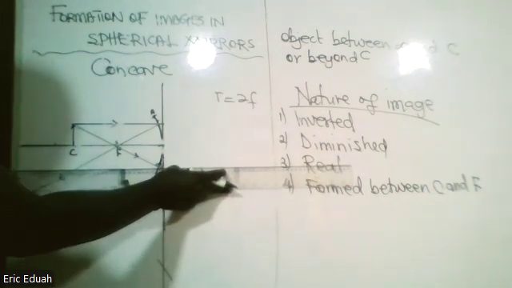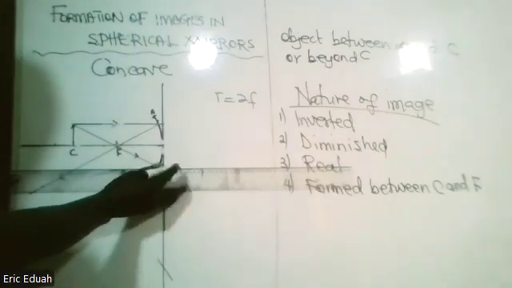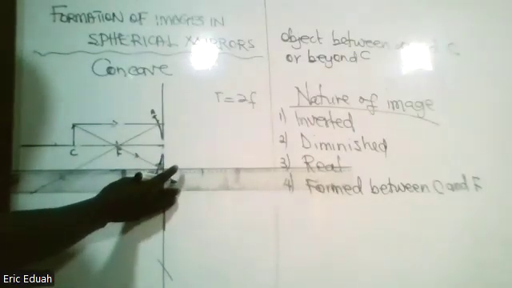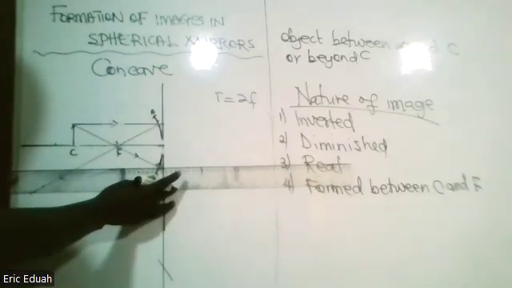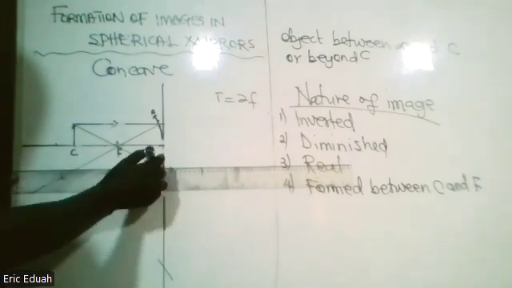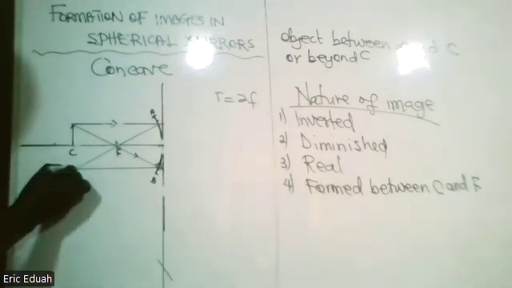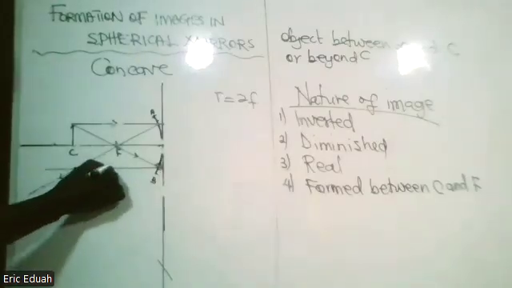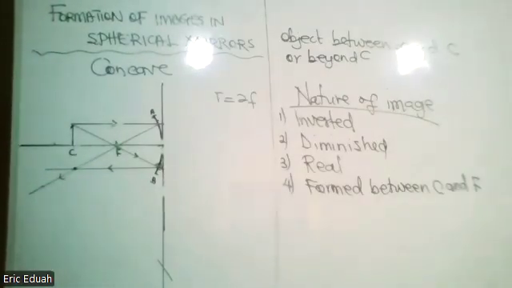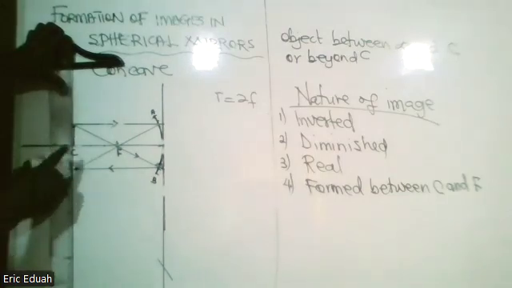Measure your parallel ray very well, because this position is such that the image must be formed at the same position. So if you don't get your measurements right, you will miss the point where the image is formed. So this is where the two reflected rays are meeting, and that will be the position where the image will be formed.